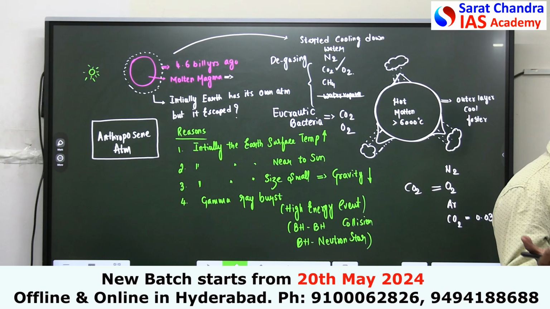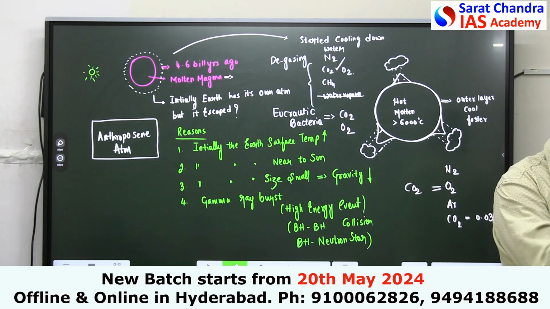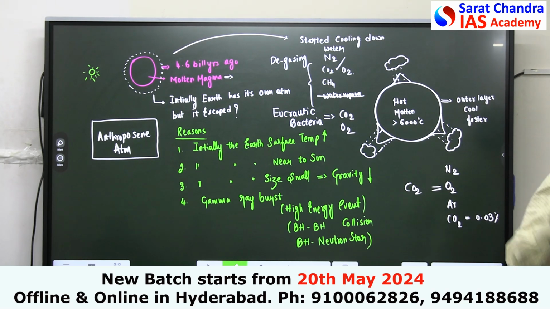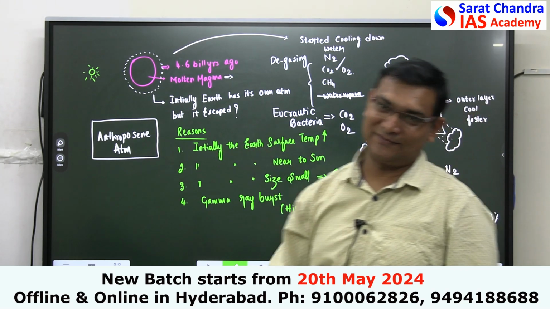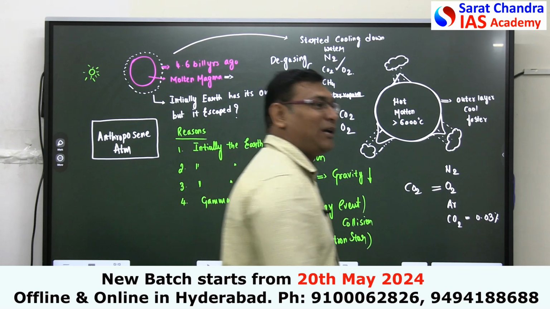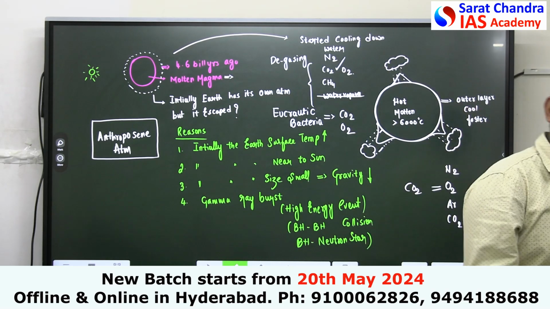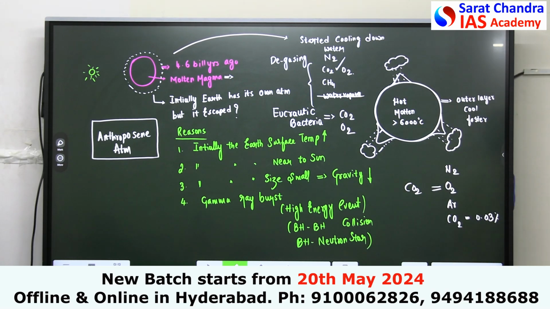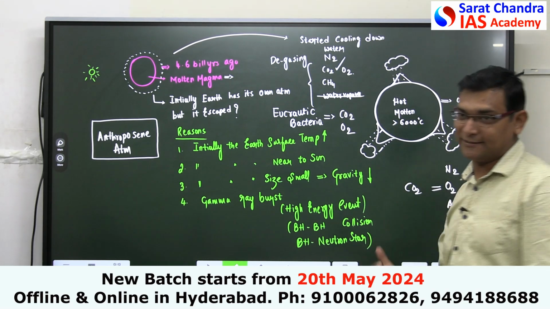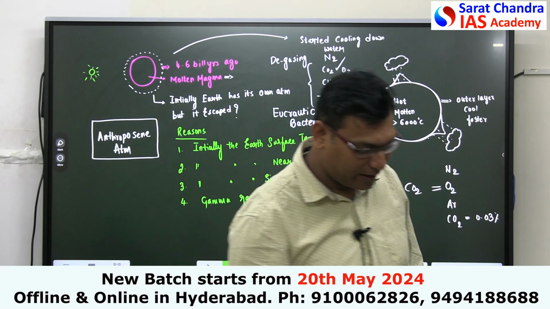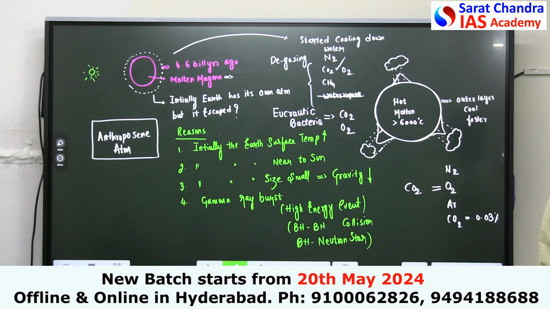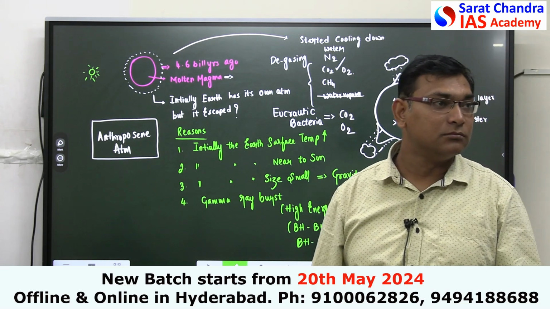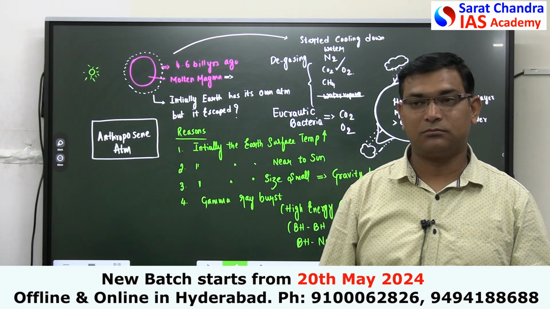So tomorrow, after our extinction, when we all get extinct, there will be a fourth atmosphere where some new species will live. Point clear? This is where the origin of the atmosphere started. This is how the atmosphere originated. Point clear or any doubts?